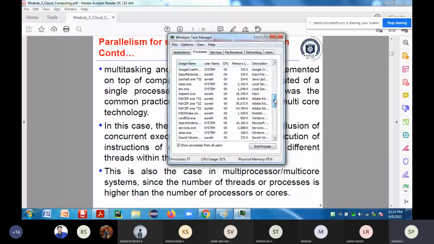If you want to improve the performance, look into the background processes and delete the processes which are not required at a particular instance. If you remove background processes, that also increases the performance of the system.